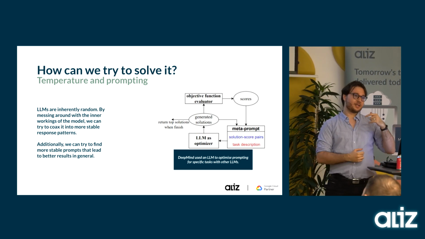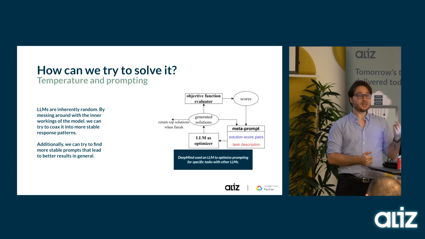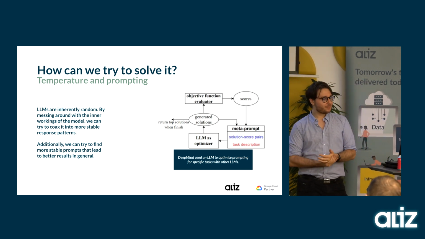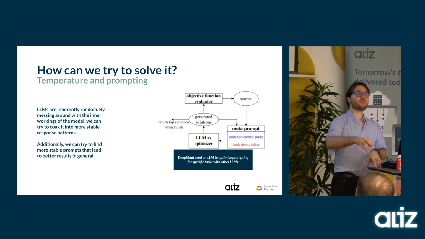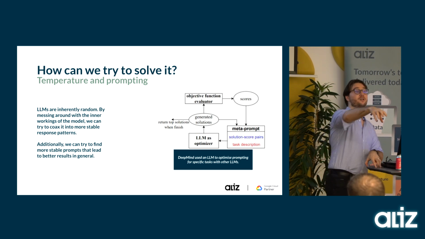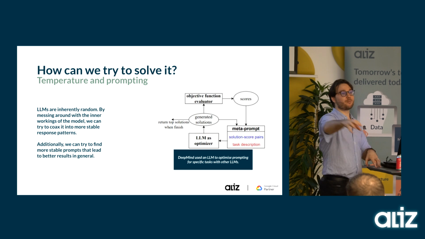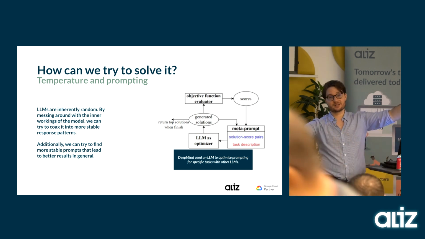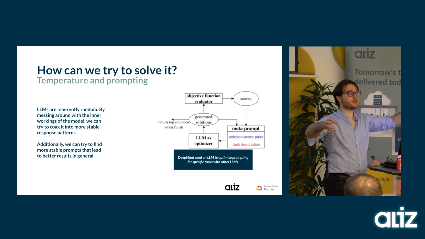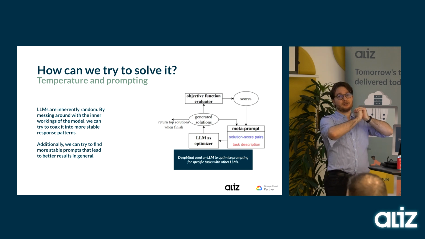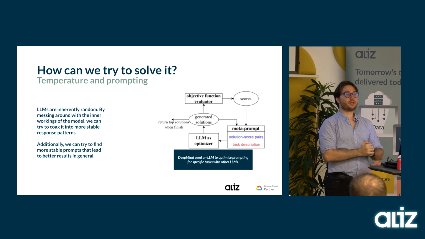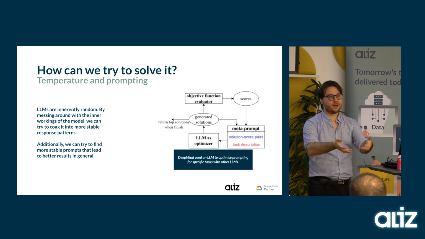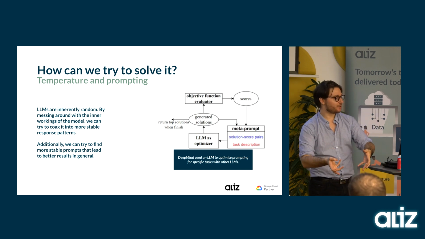The image on the right is taken from a paper by DeepMind, Google's AI research team, where they used a large language model to optimize the prompts that were given to another large language model so that it would perform better on a specific given task. So maybe the task was, recommend vacation spots. But, okay, how do I ask a large language model to recommend me some vacation spots?